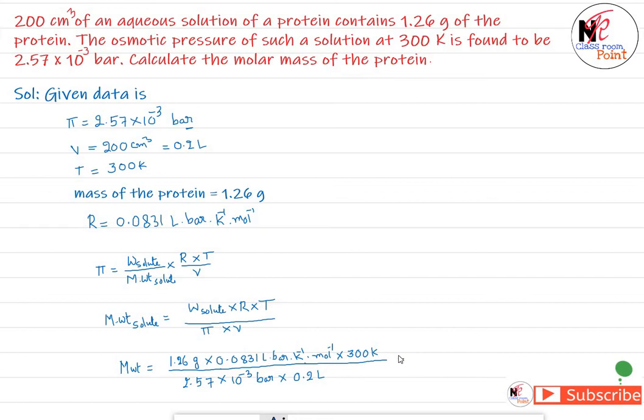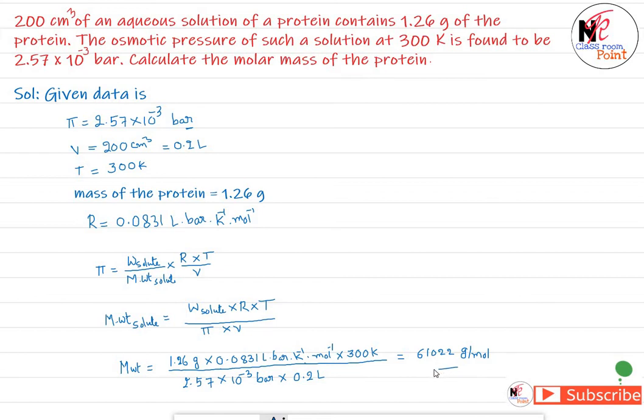So by solving everything, we will get the molecular weight of the solute as 61022 grams per mole. This is the answer of this question.